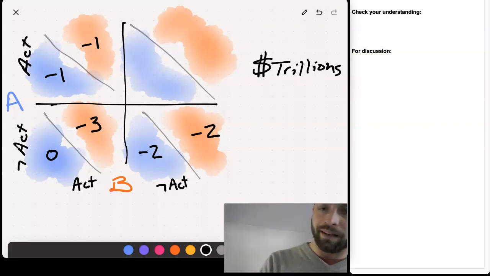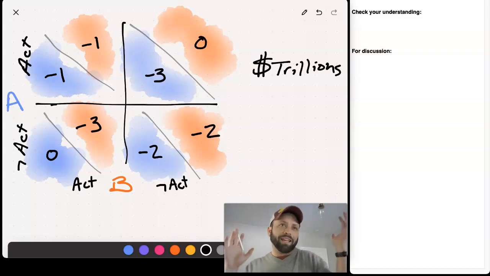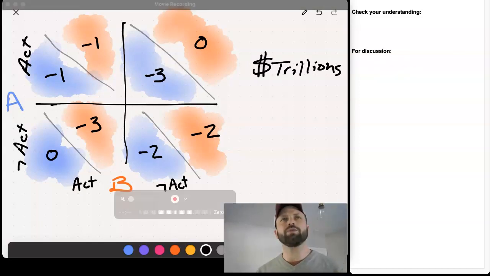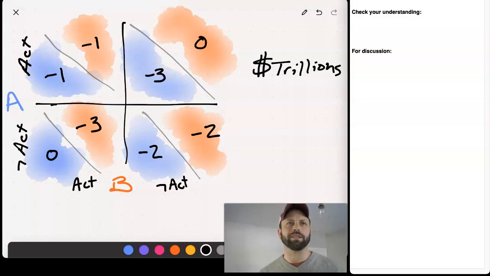And let's suppose that this is a symmetrical situation. If B chooses to not act, hey, A, you can do it. A takes on all that cost, and B breaks even. The numbers in particular don't matter, but the numbers in relationship to the other numbers is what makes this a prisoner's dilemma.